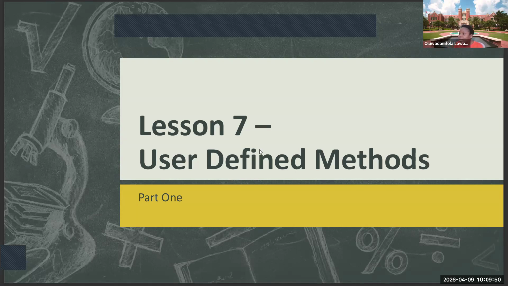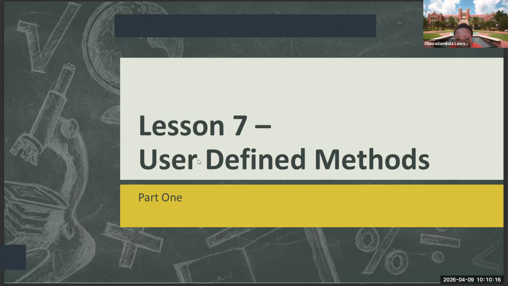Now we have talked about predefined methods and how to access the different methods, like the Math class, the Scanner class, the String class, the Character class. We talked about those methods in our lesson 4. You want to use substring, for instance.